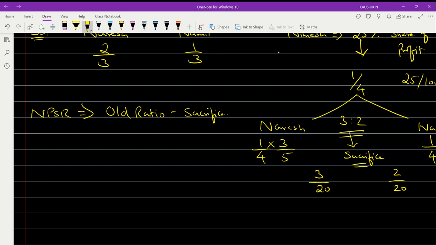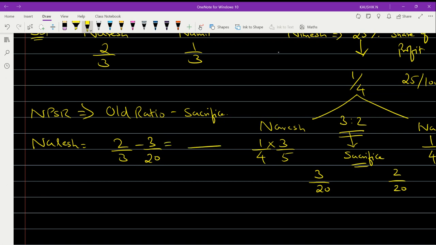So first let's calculate for the partner Naresh. Naresh's old share was 2 by 3 minus the sacrifice done by the partner, which is 3 by 20.